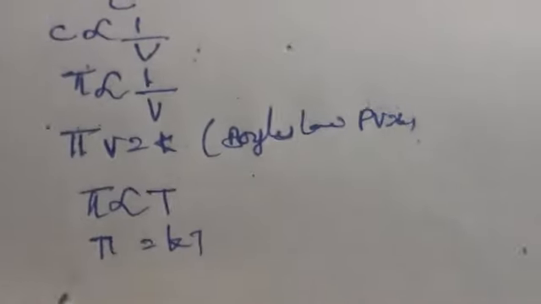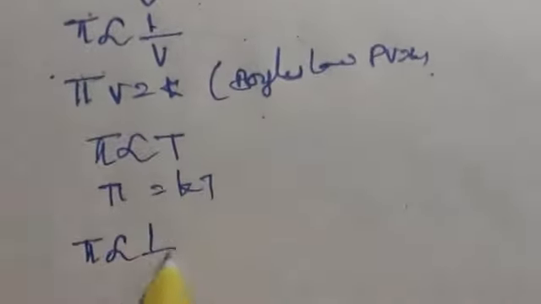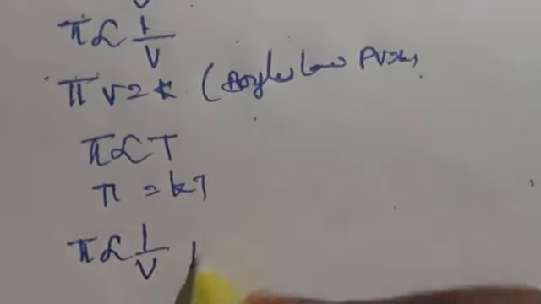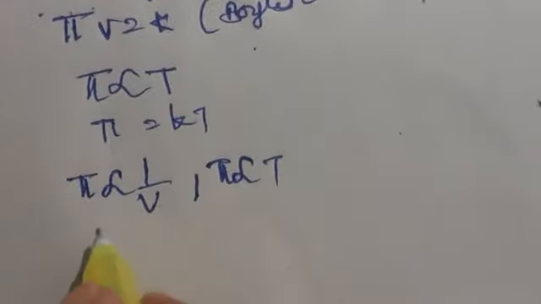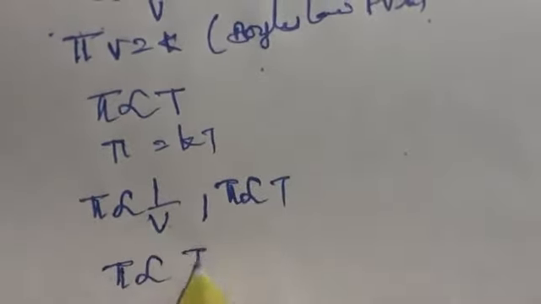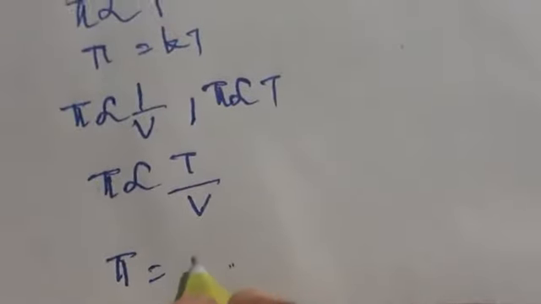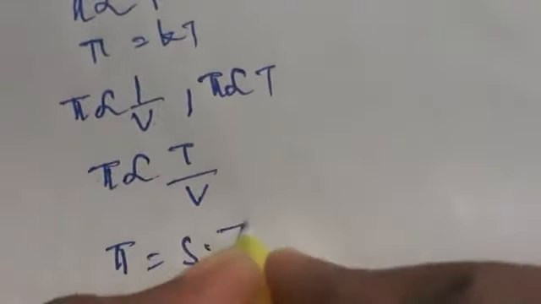So we have observed pi is directly proportional to 1 by V and pi is directly proportional to T. So we can write pi is directly proportional to T by V. So pi is equal to S into T by V, so pi V is equal to ST.